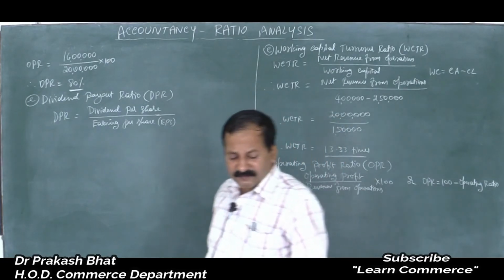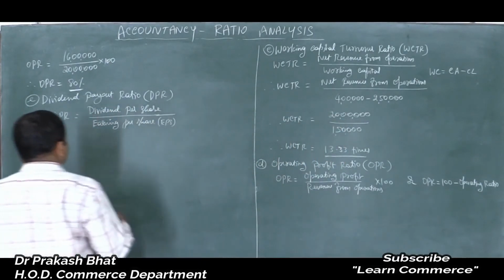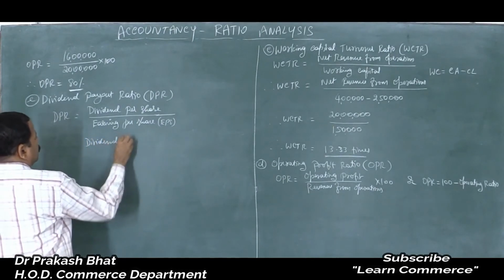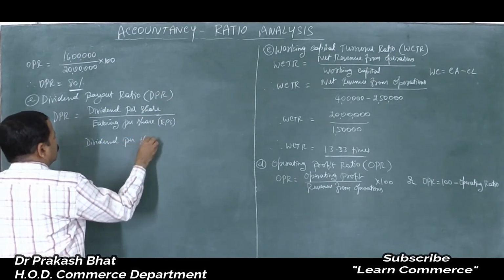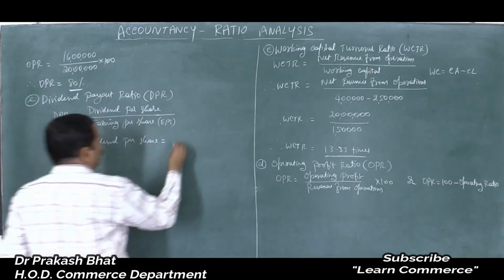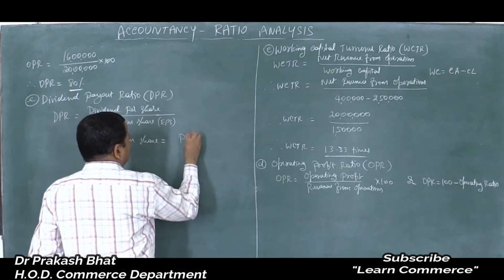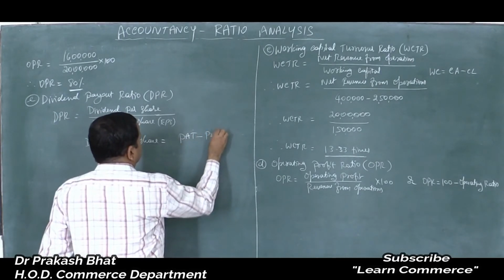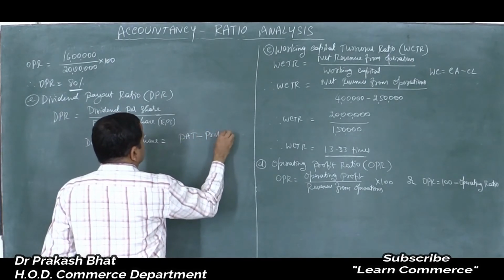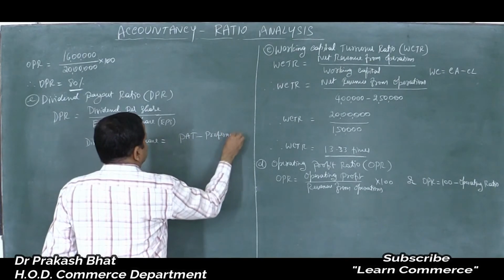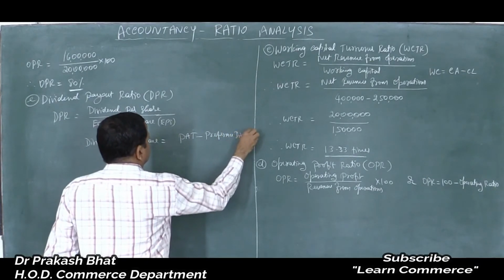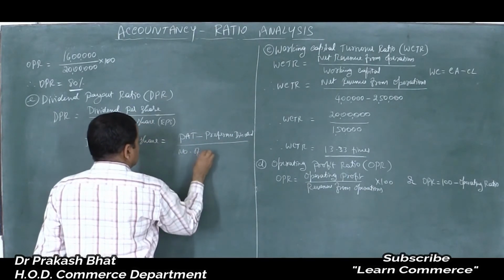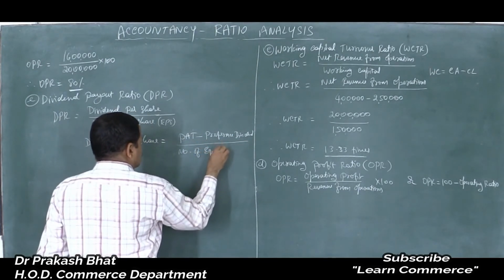Dividend per share is equal to PAT, profit after tax, minus preference dividend, divided by number of equity shares. Am I correct?